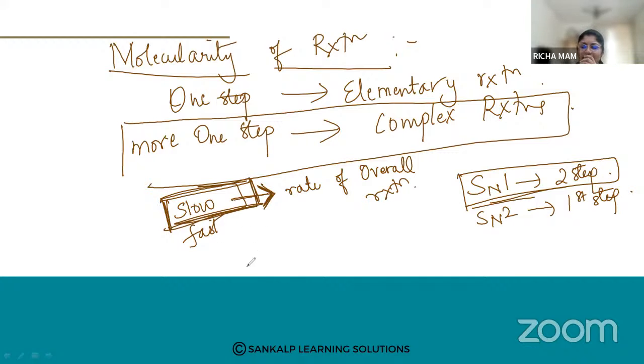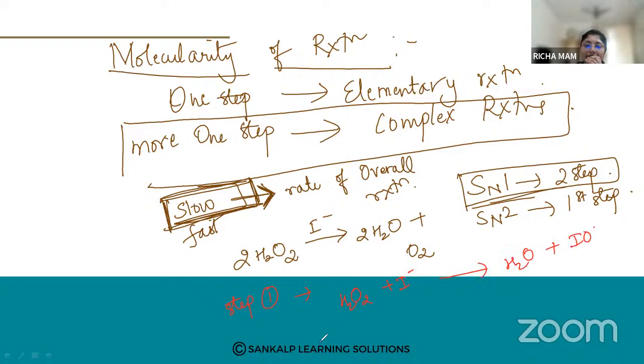Suppose you take the example of decomposition of H2O2, that is hydrogen peroxide, in alkaline medium. How will this hydrogen peroxide undergo decomposition to give you H2O and oxygen? What is the mechanism for this reaction? There will be two steps. Step one: H2O2 reacts with I minus giving you H2O plus IO minus.